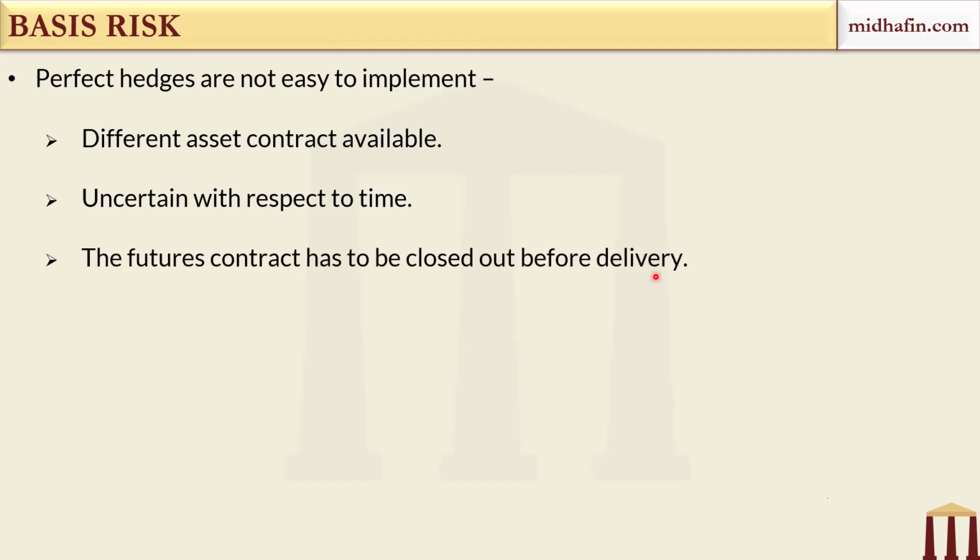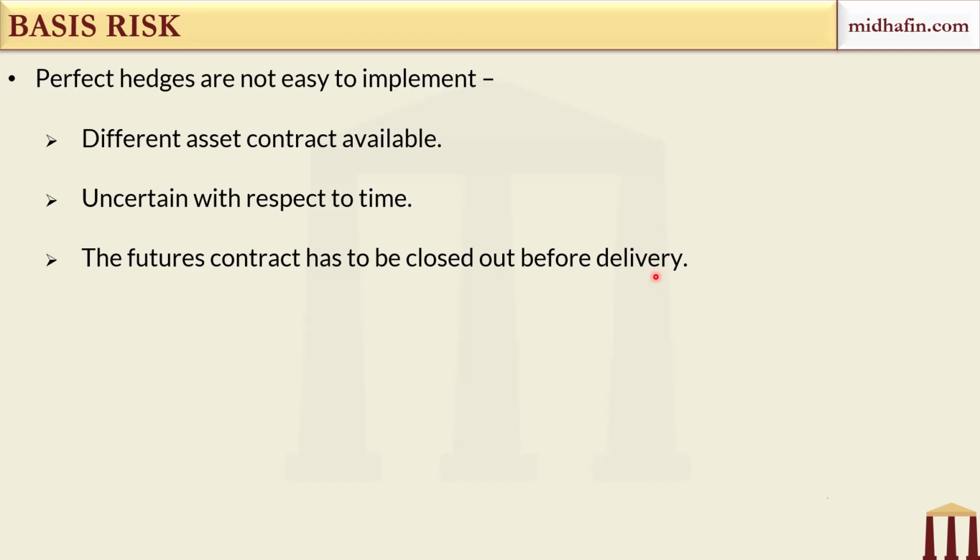Then another problem is, of course, that the futures contract has to be closed out before delivery. So suppose the farmer thinks, okay, I'm not very sure about the date, but still let me think, maybe I will harvest this in the last 15 days of October. This is a particular crop which, most likely, can be harvested in those 15 days. That is what the farmer feels, last 15 days of October.